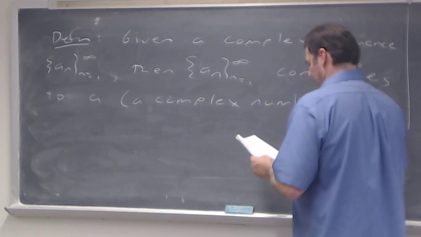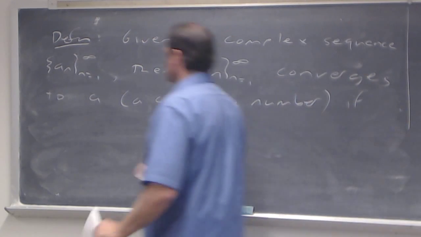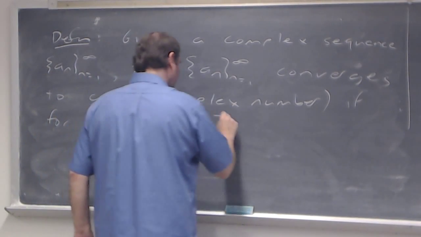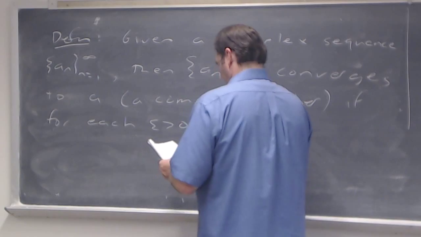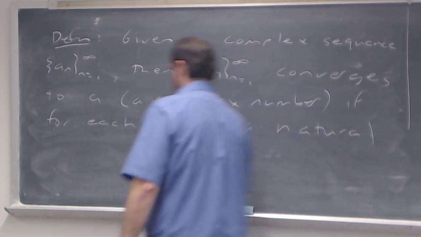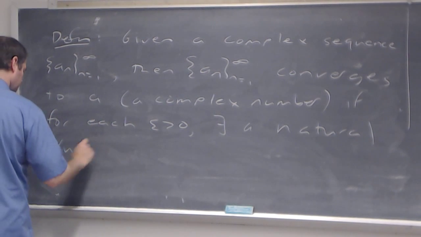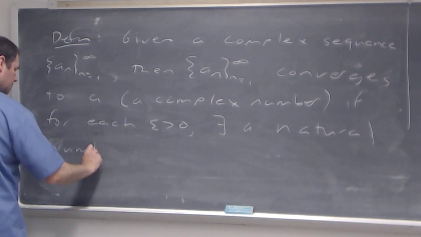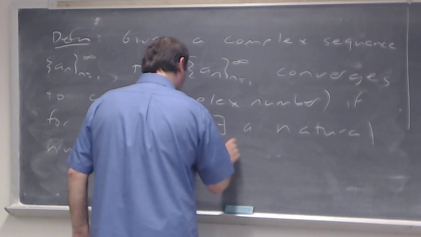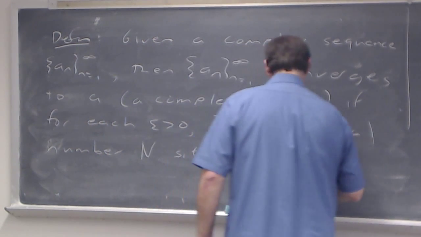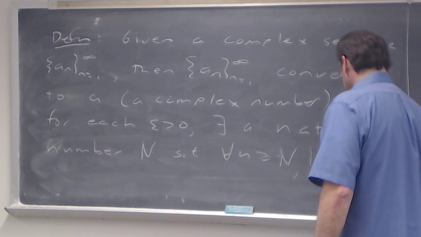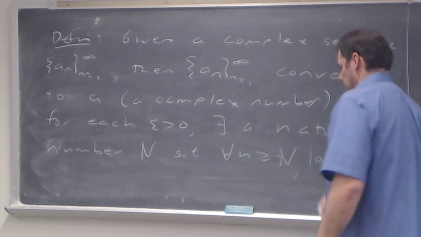This is something we've done before, okay? If for each epsilon greater than 0, there exists a natural number, let's call it big N, such that for all little n bigger than or equal to big N, the complex norm of A sub n minus A will be less than epsilon.